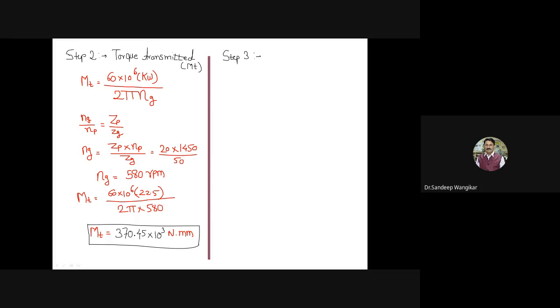Now I will proceed to the next step. Step number 3: static load, PT. I will get the value in terms of module.